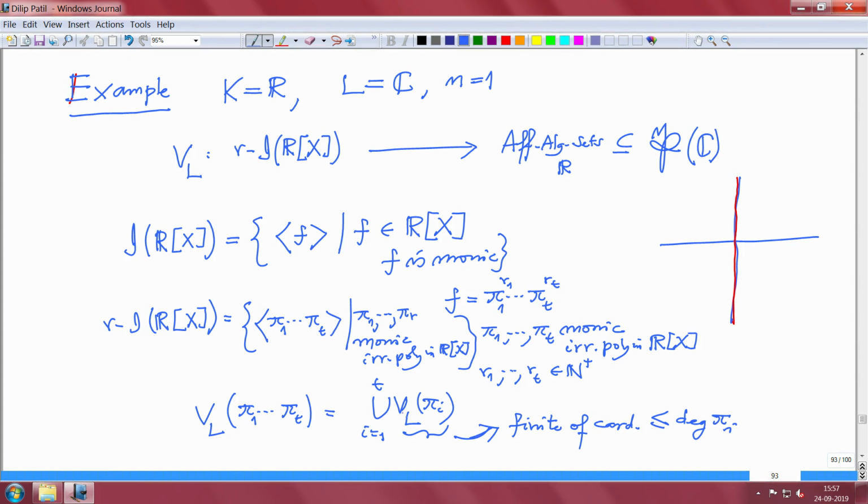So, therefore, this is a finite union, altogether a finite set, but this red line what we have taken, that is an infinite set. Therefore, this one cannot come from any polynomial, any radical ideal. Therefore, this map is not surjective.